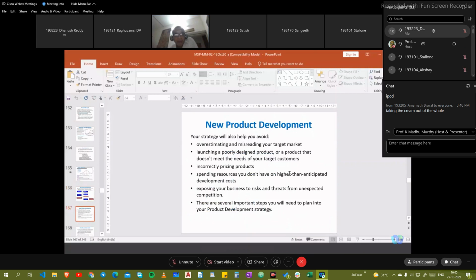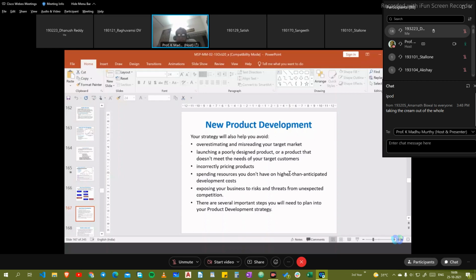To develop these products, many a times we do not understand the market properly, or we are over ambitious, overestimating things, and we are in a rush to release half finished products which will not add value, and which will lose image for the organization, or it doesn't meet anybody's requirements.